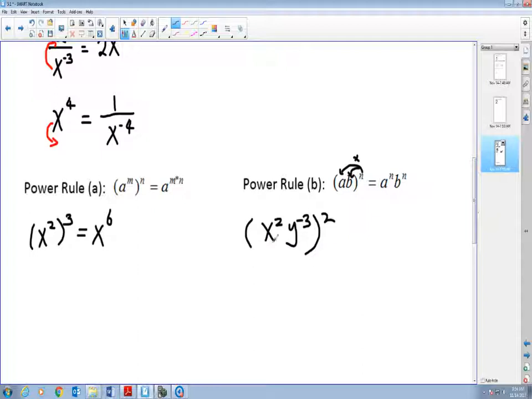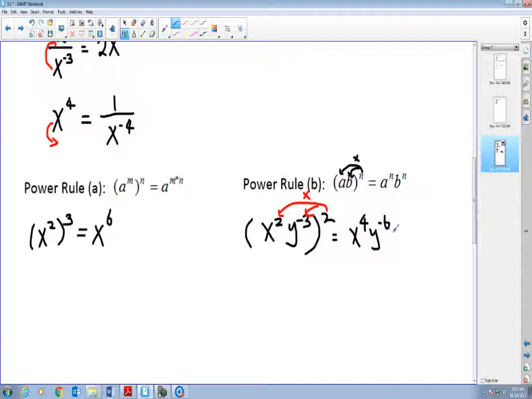So I got 2 different bases inside, both of them raised to an exponent. So by power rule B, my outer exponent 2 will multiply the exponents of all my factors on the inside. So that means I should get x to the 4th power times y to the negative 6th power.